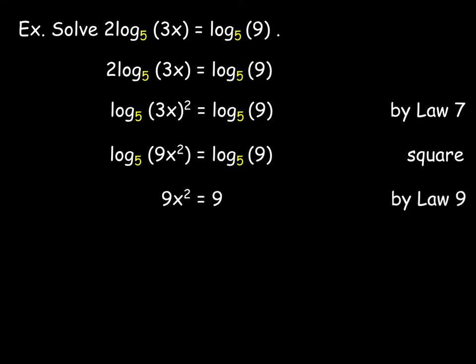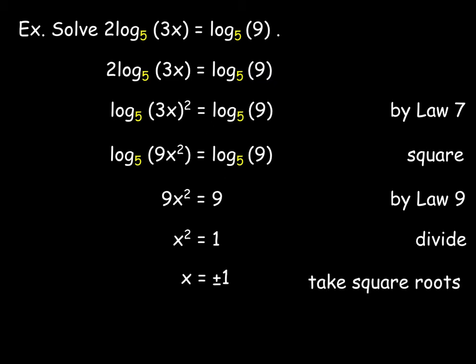Applying law number 9, the equation becomes 9x squared equals 9. Dividing by 9, x squared is 1. And applying the inverse, taking square roots of this equation, we get x equals plus or minus 1. Two potential solutions, x is minus 1 or x is positive 1.